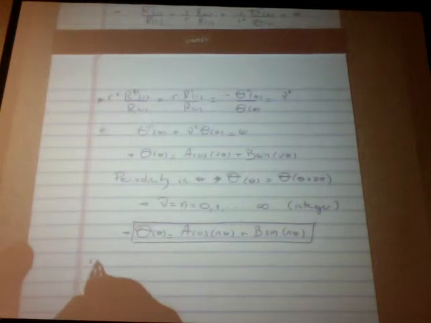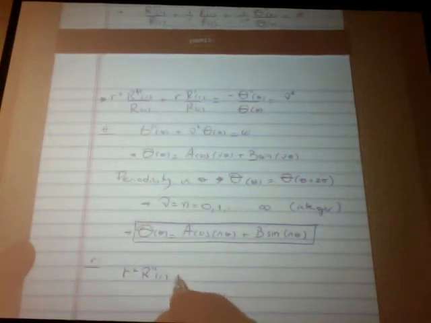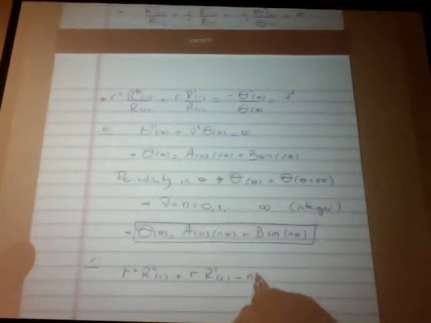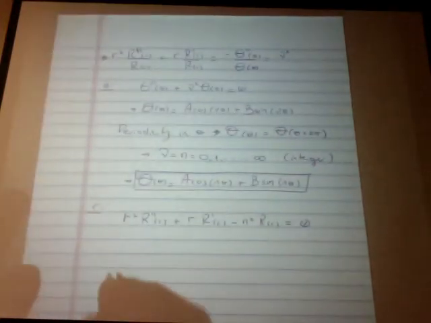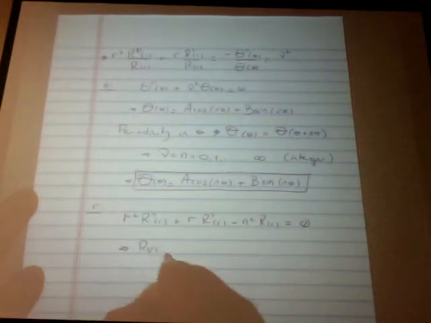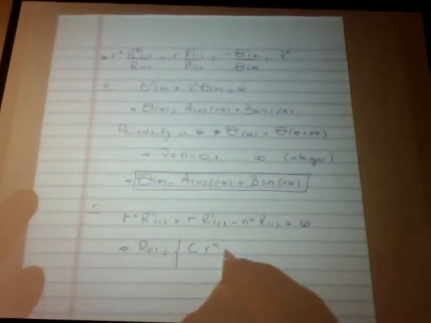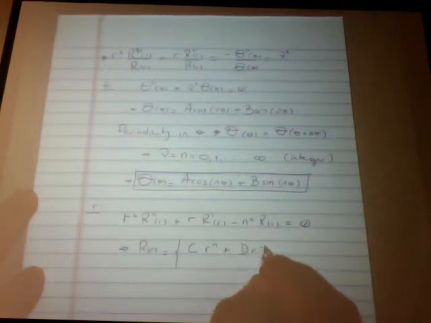In the r direction, we have r squared times R double prime of r plus r R prime of r minus n squared R of r is equal to 0. That's again the Cauchy-Euler equation with solution R of r equals C r to the n plus D r to the minus n.